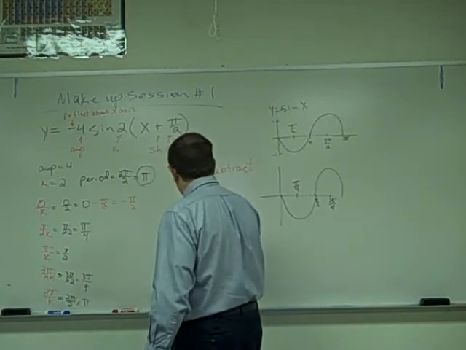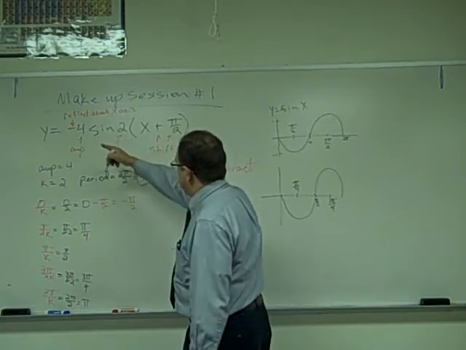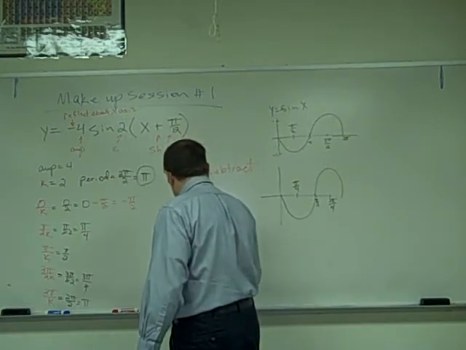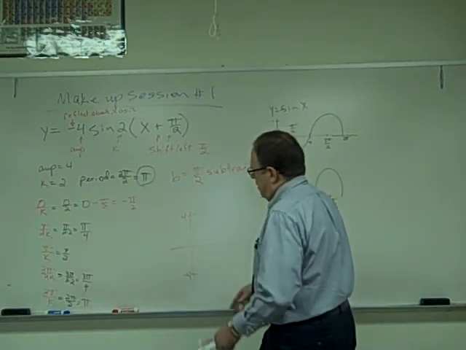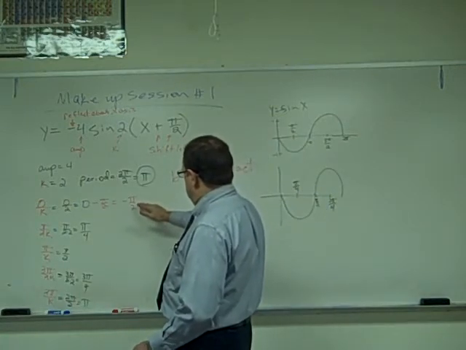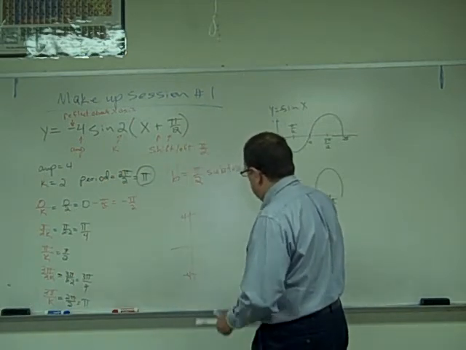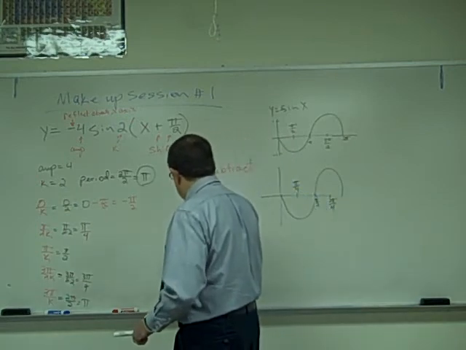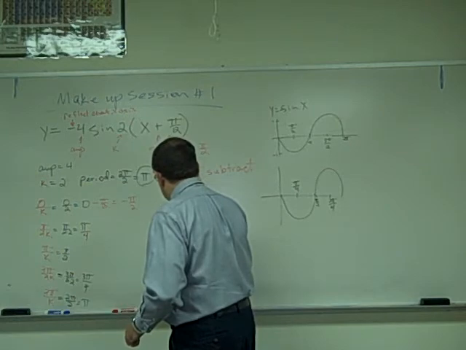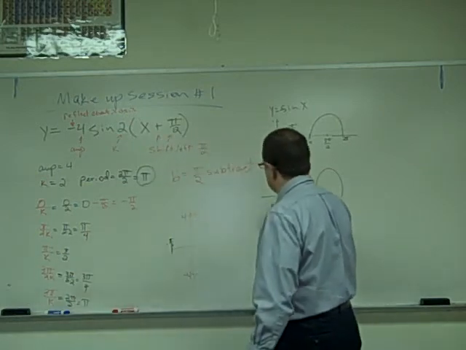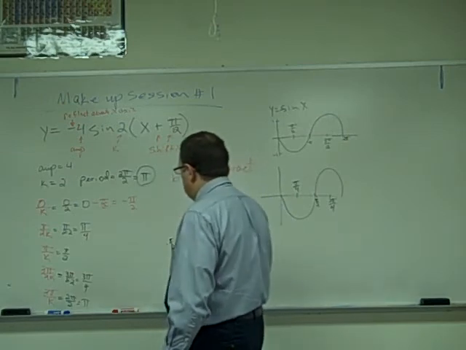Okay, so here's our graph, and our amplitude we said is 4 and negative 4, and we are starting at negative pi over 2, and it's reflected about the x-axis, right? So here's negative pi over 2. Now instead of here at 0, we're at negative pi over 2, and we're going to go down and then up like that.